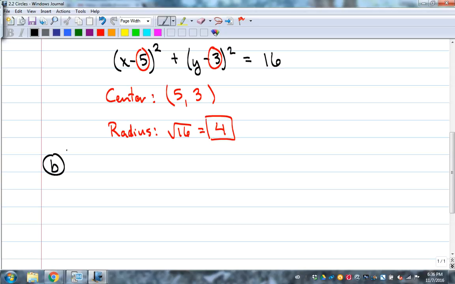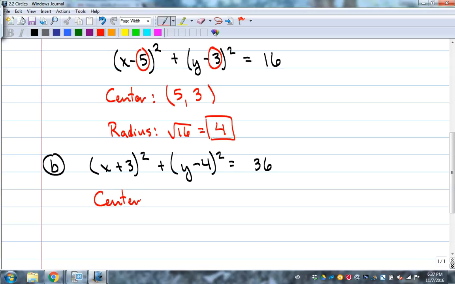Example B, same instructions. Let's use (x plus 3) squared plus (y minus 4) squared is equal to 36. Good number. What's the center? Negative 3, positive 4.